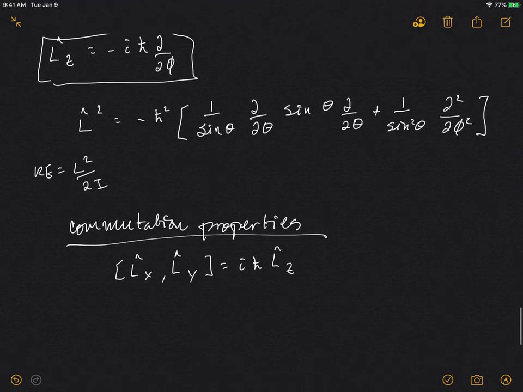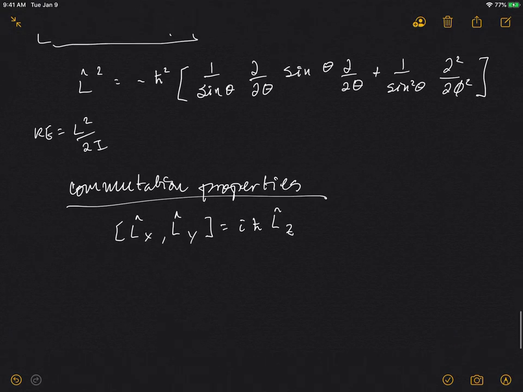And the commutator of Ly, Lz is i h bar Lx, and so on. So if you know any two angular momentum operators, Lx or Ly, you can generate the third from the commutator.